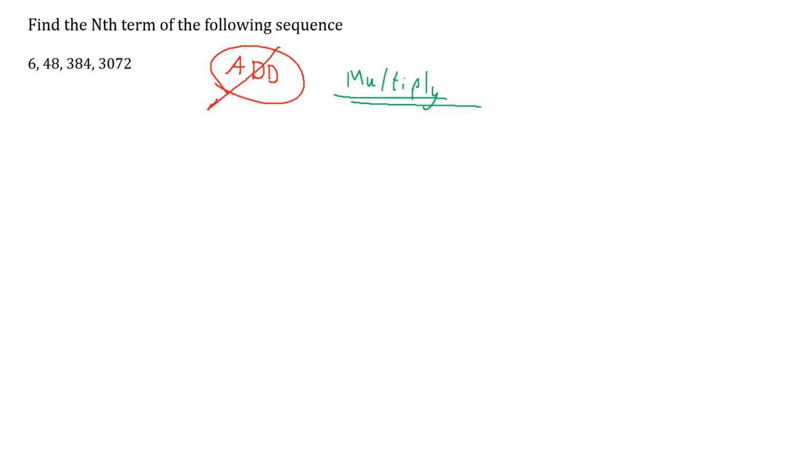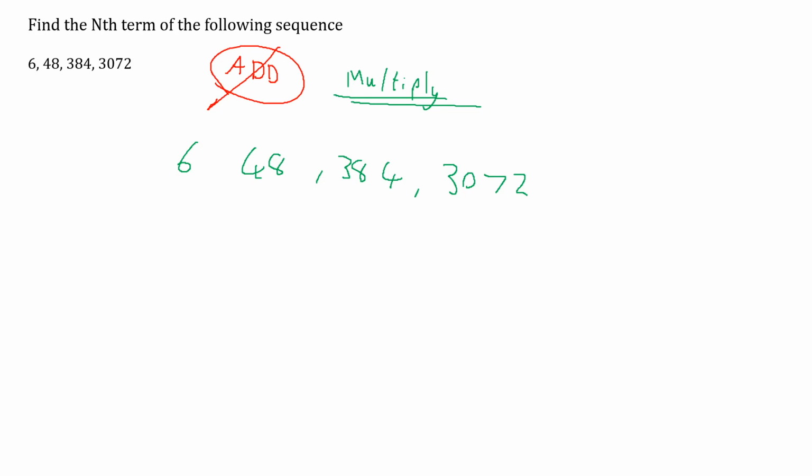So let's rewrite our sequence. We've got 6, 48, 384, and 3072. You can clearly see it's a geometric sequence just because if you did it as an arithmetic sequence, it just wouldn't add up. But what we can do is check the common ratio between them.